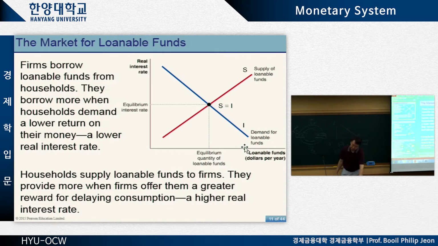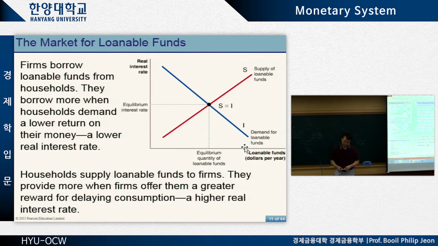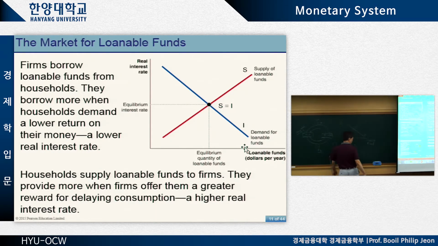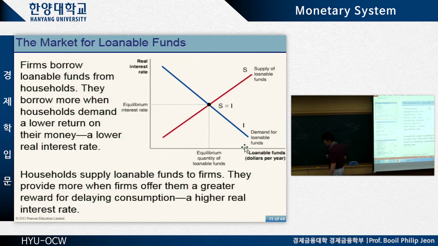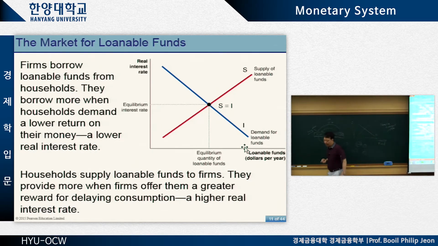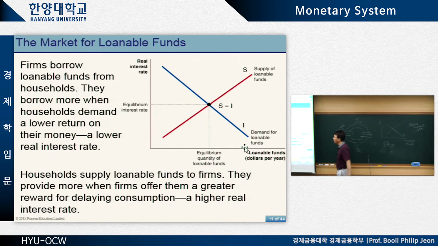Okay, so here the idea is, as long as we have a free market for the financial product, or freely adjusting, flexible interest rate, the market will be in equilibrium, right?